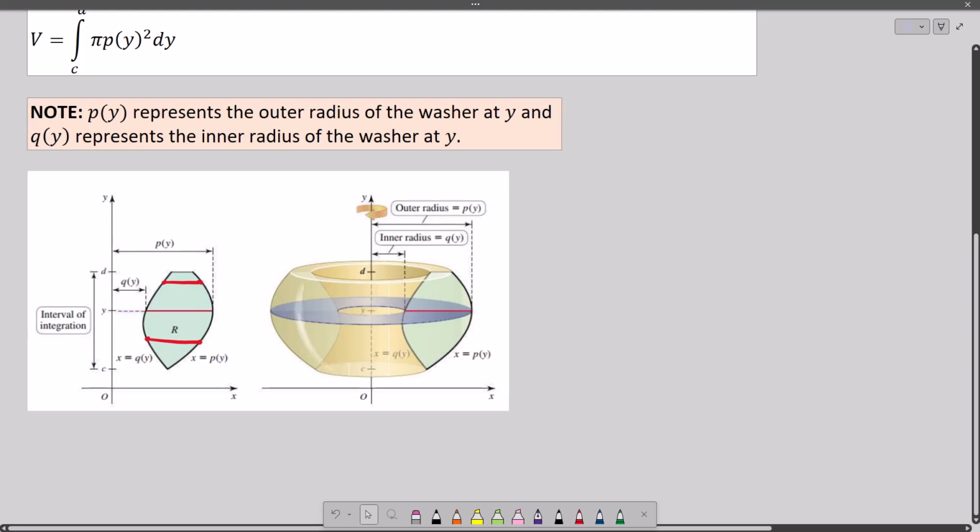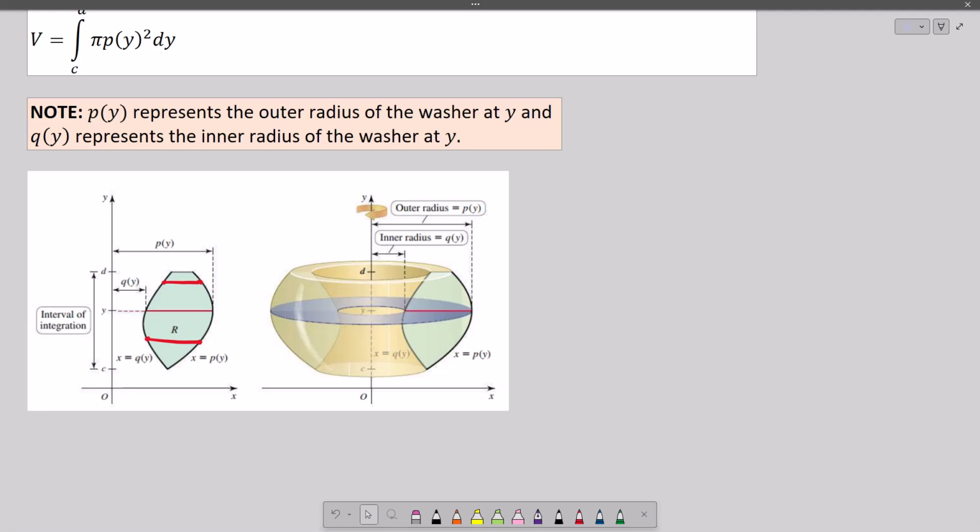That's what that tells us. And the process is the same as what we just did. The only difference is that now we are dealing with horizontal rectangles, so the inner radius and the outer radius are now functions of y. We want to be measuring horizontal distance, so we have to isolate the x. We want to solve for x for each of those functions so that we're measuring from the y-axis over.